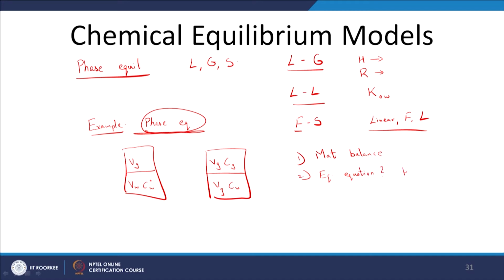I guess we looked at Henry's law, which gave us the relationship between the concentration of the relevant compound in the gaseous phase and its concentration in water at equilibrium. So once we had these, we had two equations for two unknowns, and we could go ahead and solve the system. Example 2 was relevant to phase equilibrium.